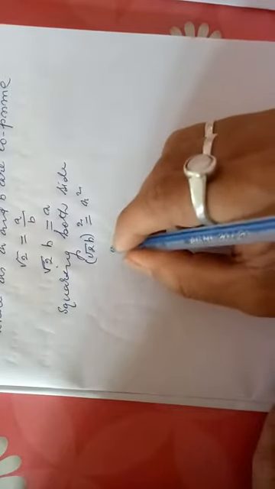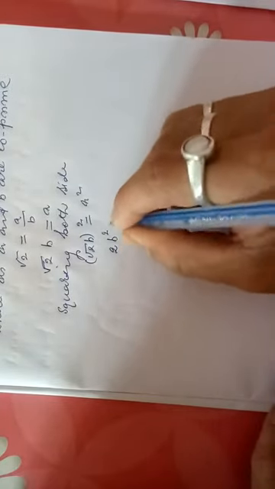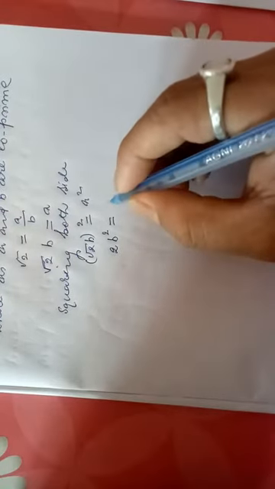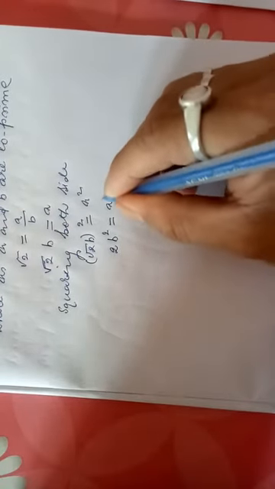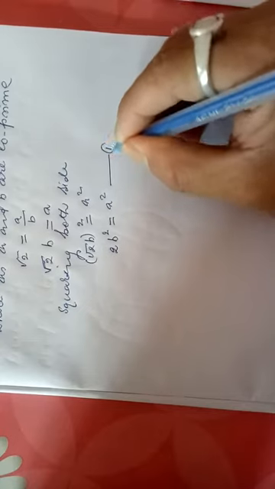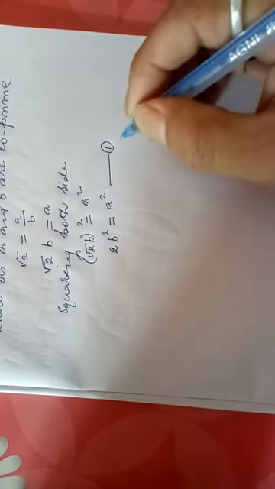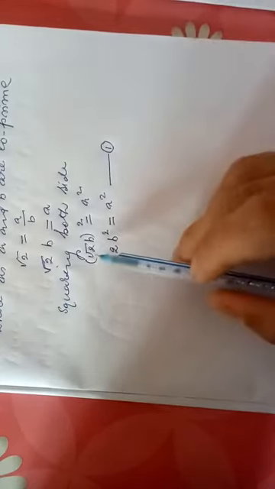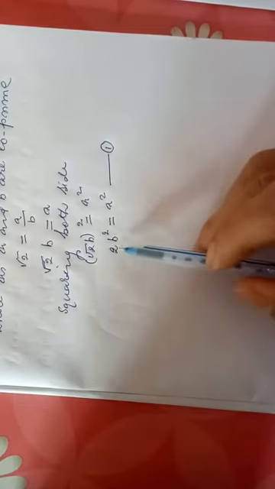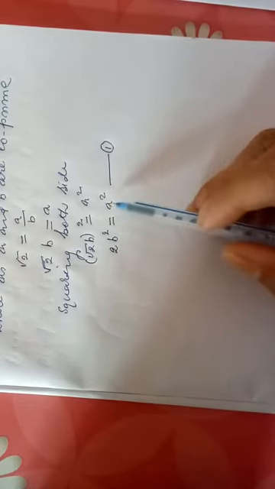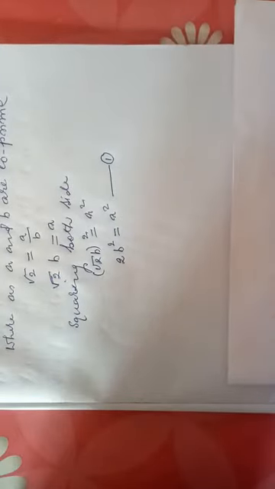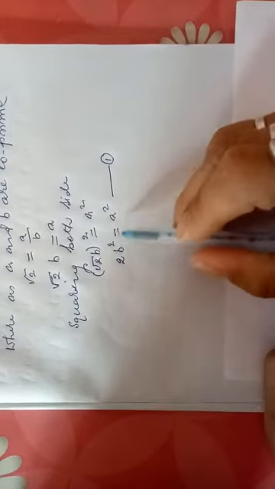We write 2b square because root 2 square is 2 only, equals a square. We take this as equation number 1. Squaring both sides, we get 2b square equal to a square.